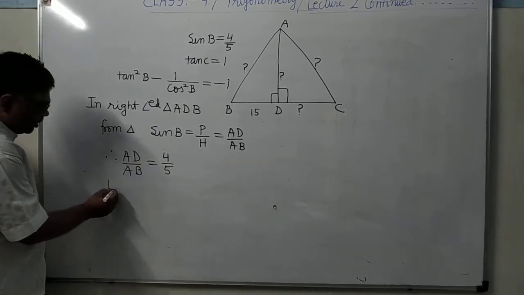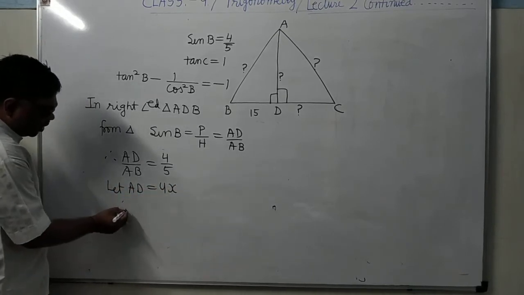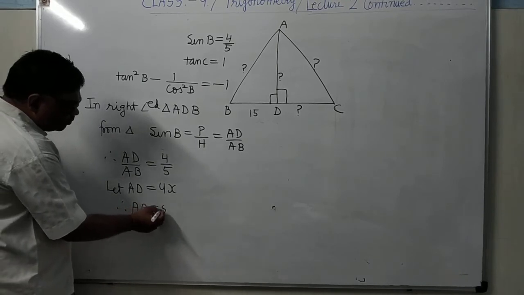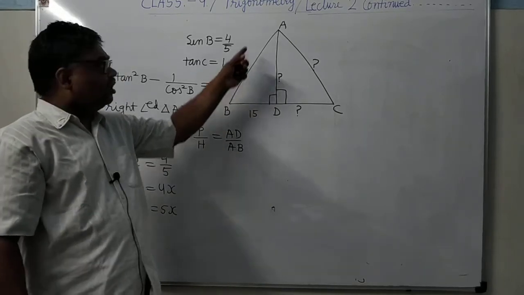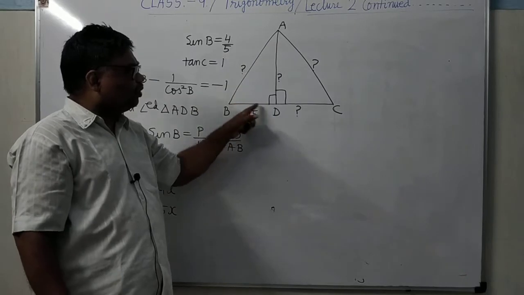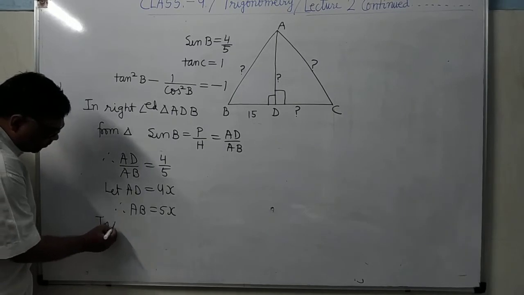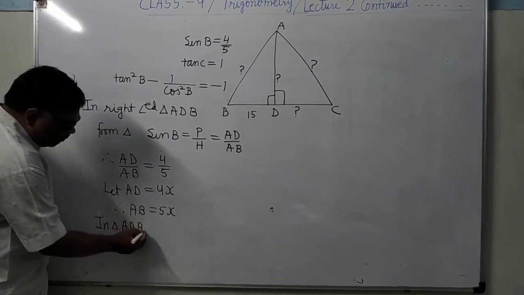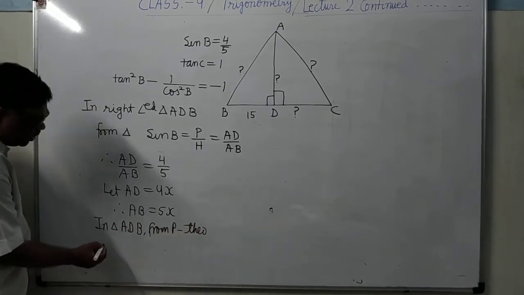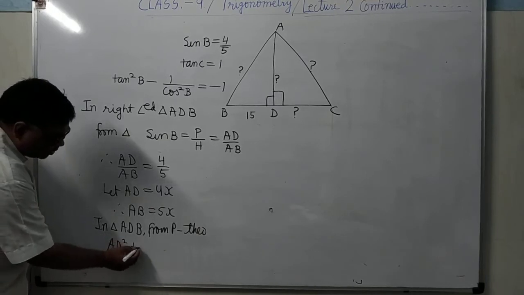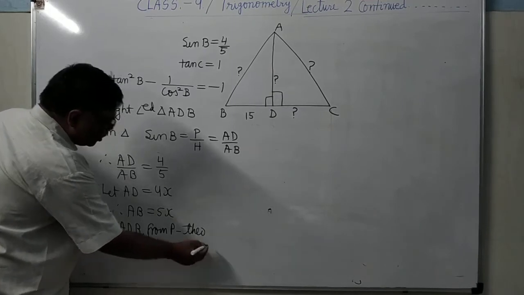So let AD equal 4x. Therefore AB equals 5x. Now this is 4x, so this will be 5x. Now you apply the Pythagoras theorem, so you will get an equation in x. In triangle ADB, from Pythagoras theorem, AD square plus BD square equals AB square.